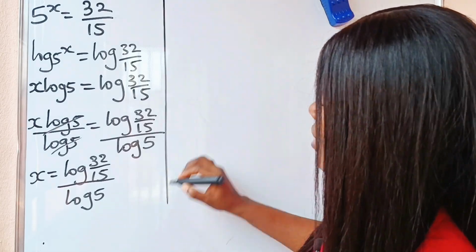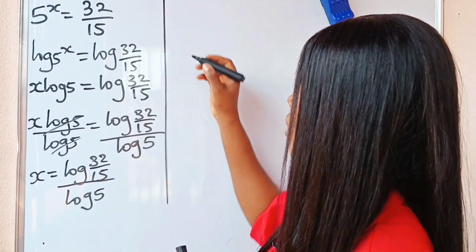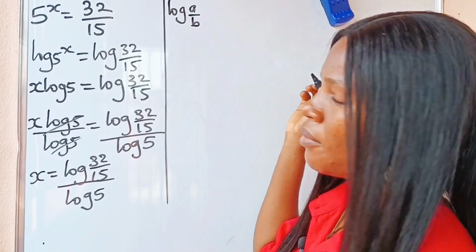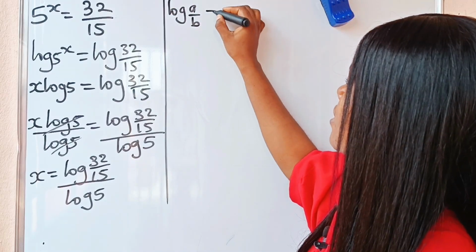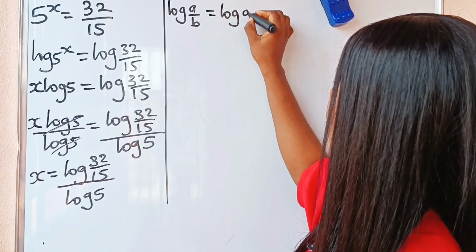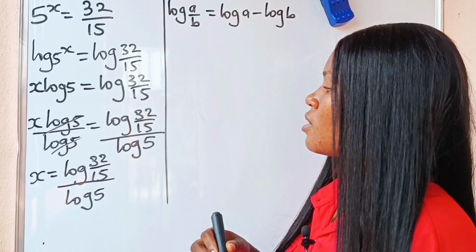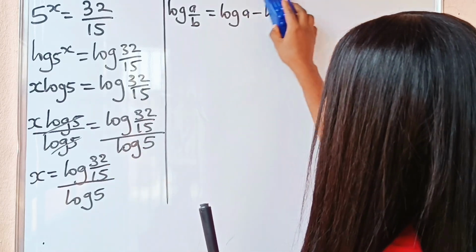Okay, now let's continue. So recall that when you have log a divided by b, this is the same thing as log a minus log b. All right, so that is exactly what we are going to do here.